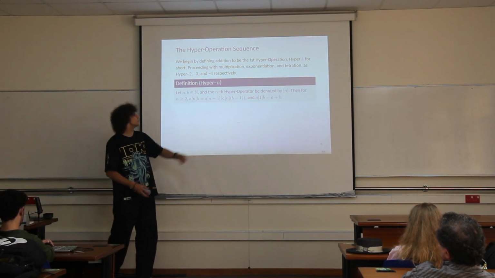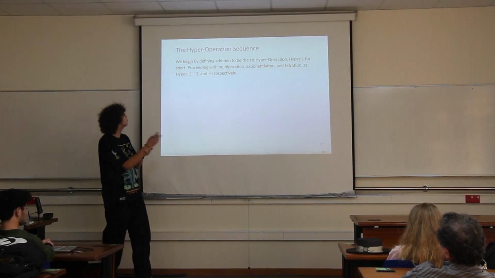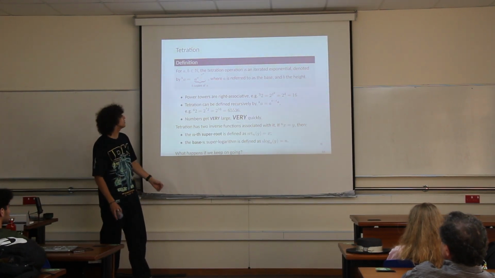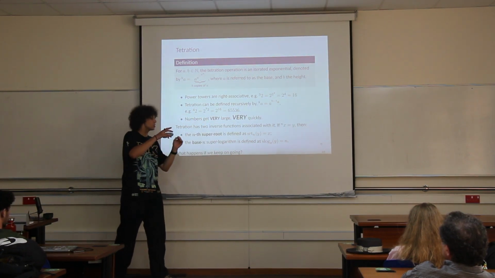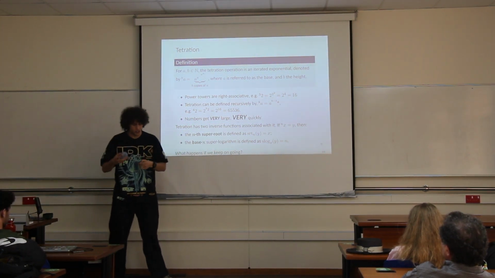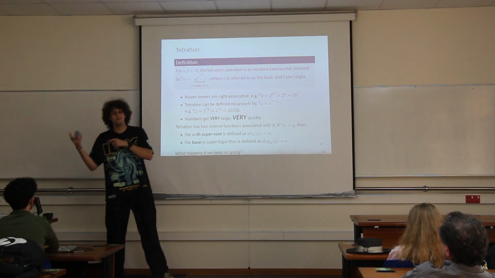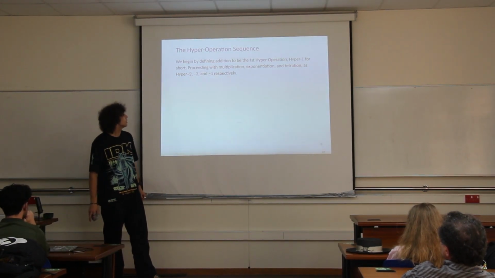And in fact, this is basically exactly what we did in the previous slide, where we defined tetration as a recursive relation, where it's the exponent and then tetrated in that exponent, right?